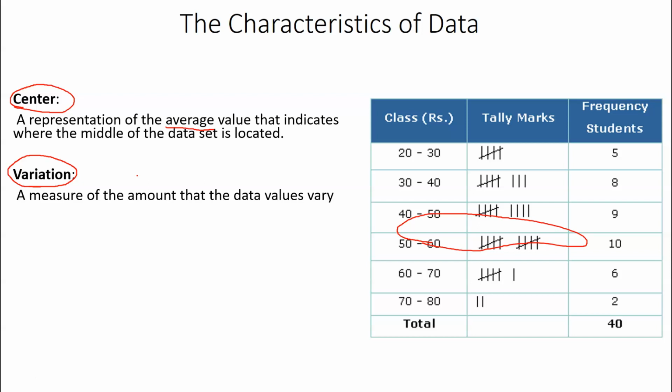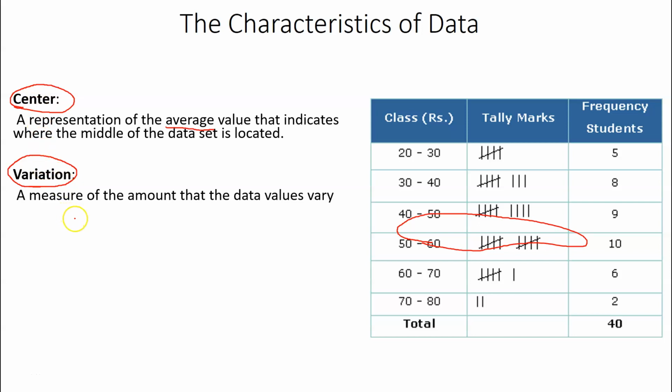My tallest could be, maybe there's a really tall junior that doesn't get counted, but the shortest end of it definitely would change my data. So it would be way more spread out, and that's called the variation. From the center, how spread out is it? That's a way of looking at these two here. You've got a center, and then from there, how far up or down do you go?